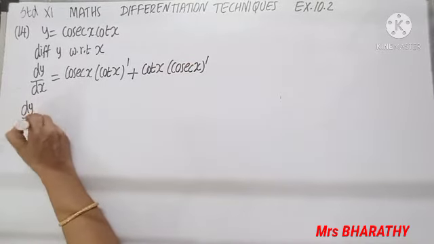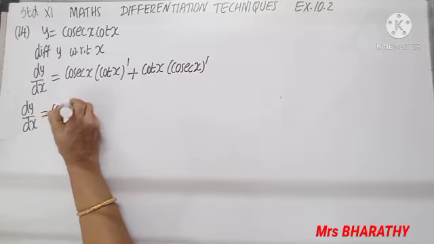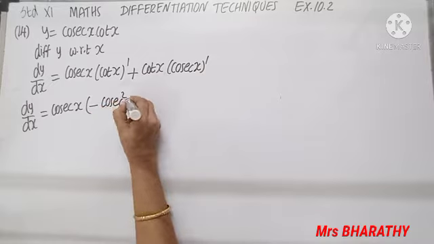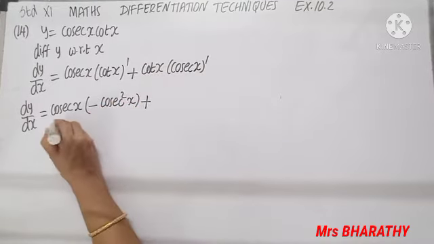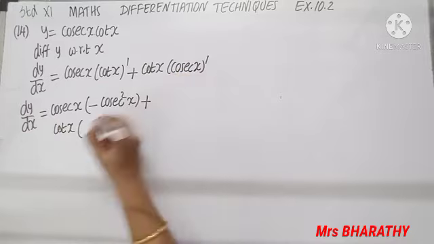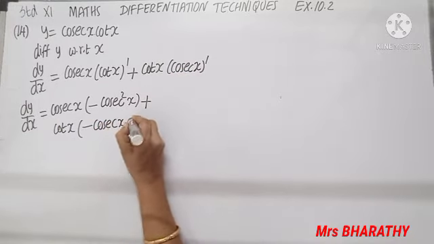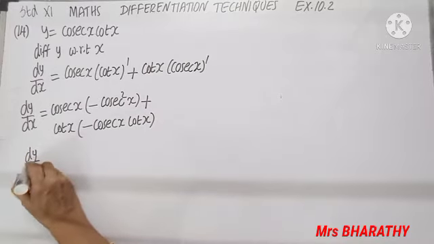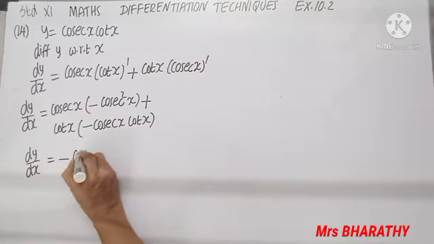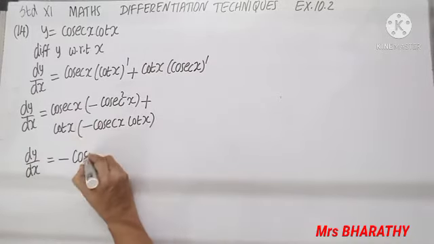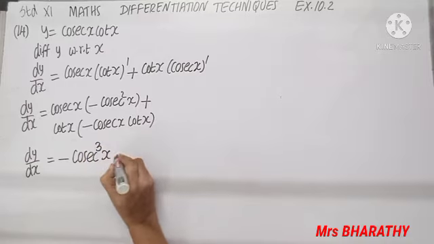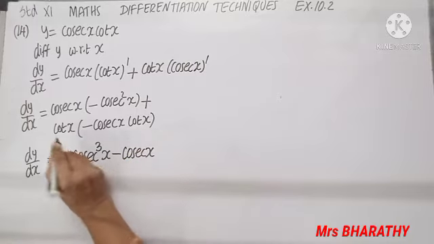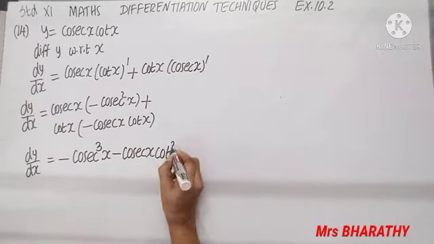As we simplify and write, dy by dx is cosecant x into cot x's derivative, minus cosecant square x, plus cot x into cosecant x's derivative, minus cosecant x into cot x. As we multiply and simplify, dy by dx is minus cosecant into cosecant square, cosecant cube x, plus minus minus cosecant x into cot x is cot square x.